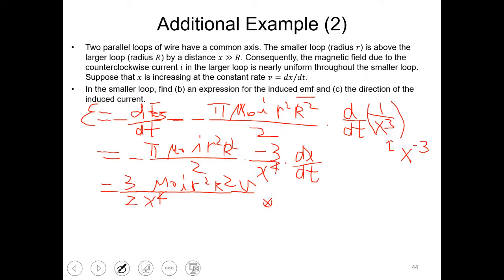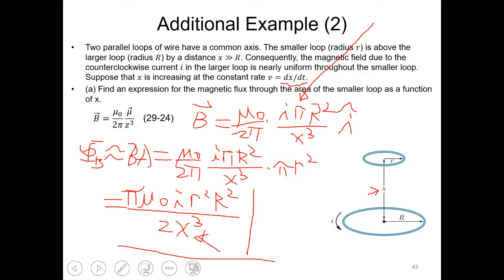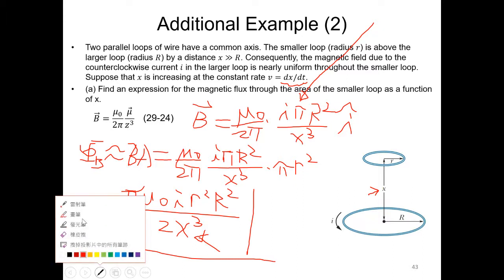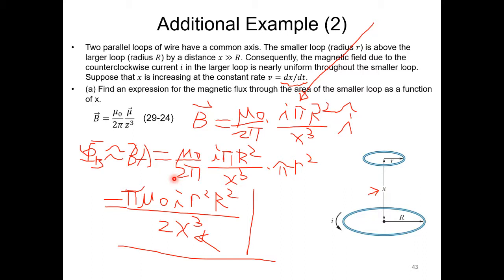And for C, the direction of the induced current. So actually, we need to consider it like this. For the lower loop, the current is counterclockwise. So use the right-hand rule.